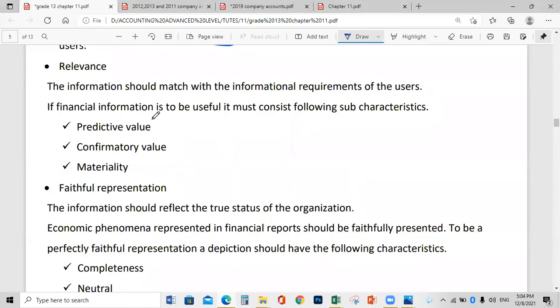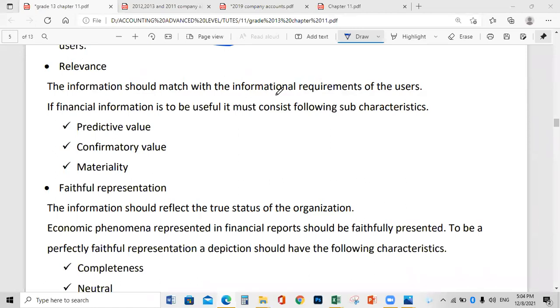For example, guys, you come and ask me, Miss, can you please explain what an asset is? Now, what was your requirement? Your requirement was for me to explain what an asset is. Now I tell you, a liability is a present obligation which arises as a result of a past transaction, and I keep on explaining.